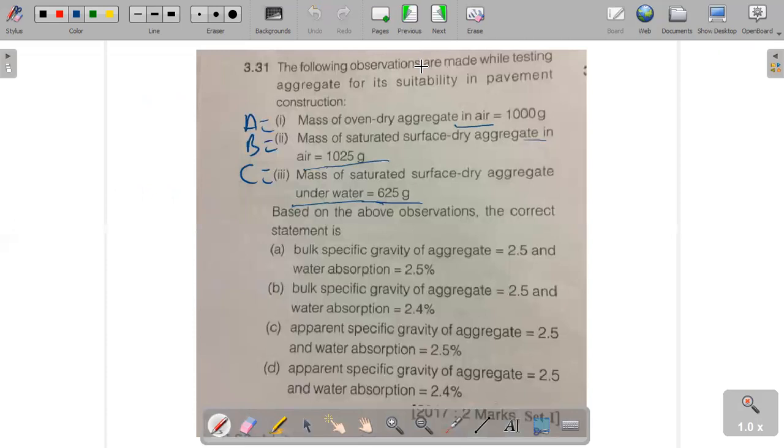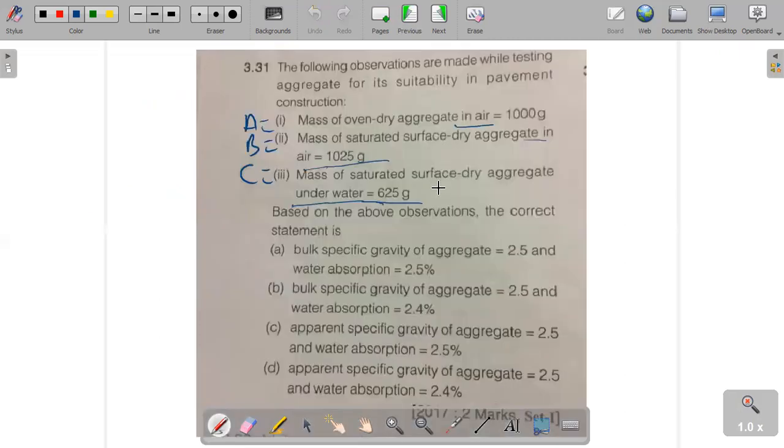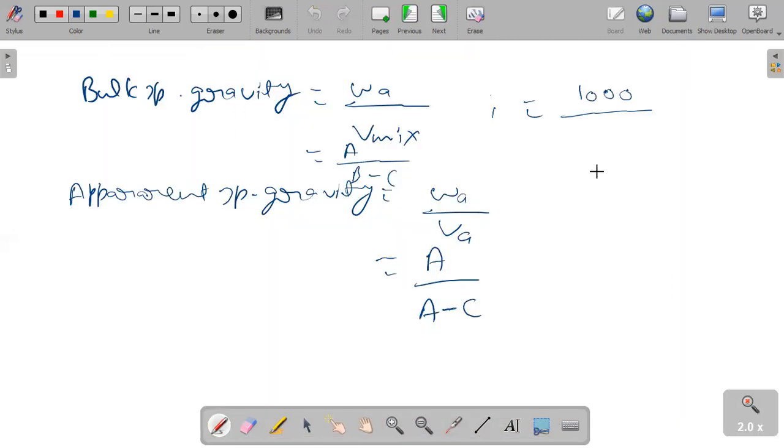So bulk specific gravity is A upon, that is 1000 upon B minus C, that is 1025 minus 625, which gives 400.